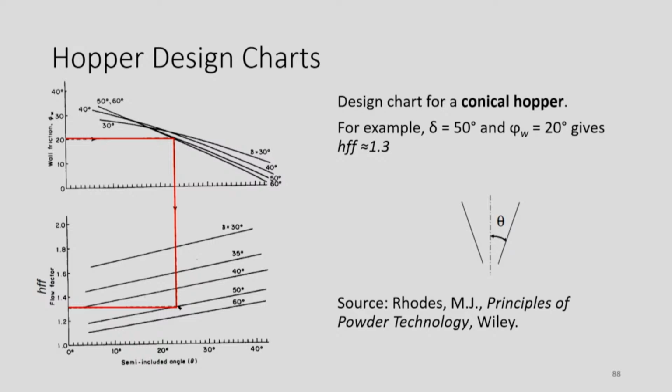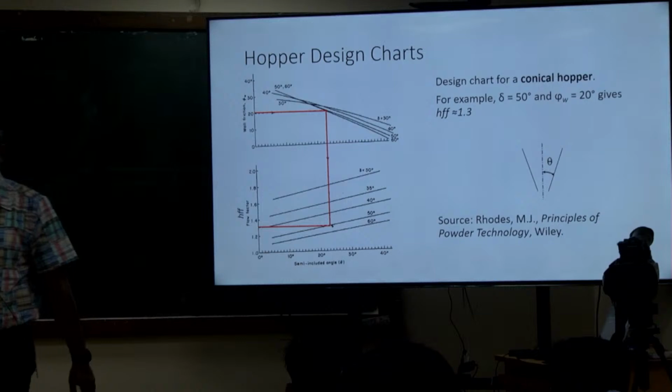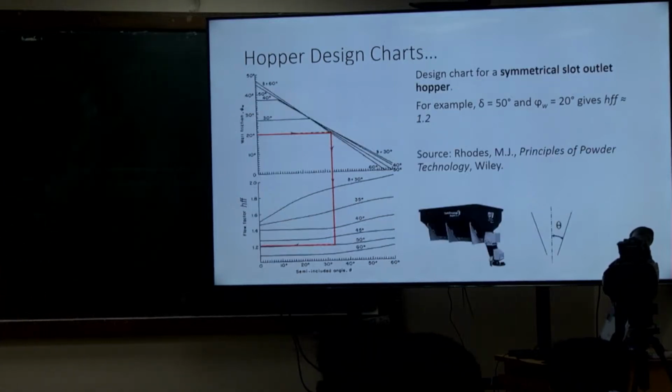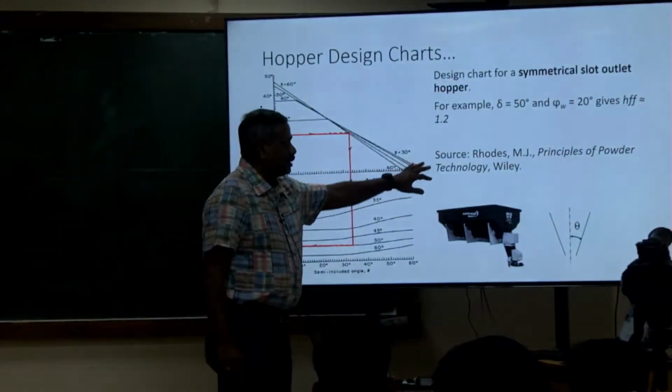I'll skip the example. Same example: if you know the wall friction angle and the angle of internal friction, you can get the appropriate angle for mass flow. If you check this book, Principles of Powder Technology, you will see more examples on this.